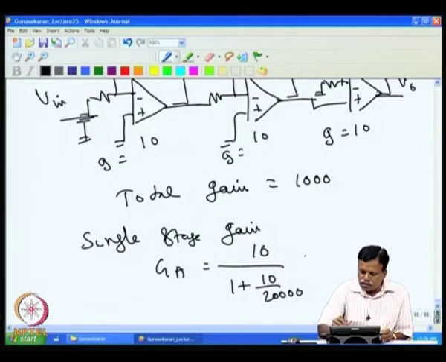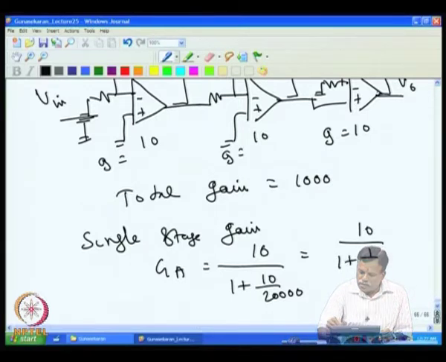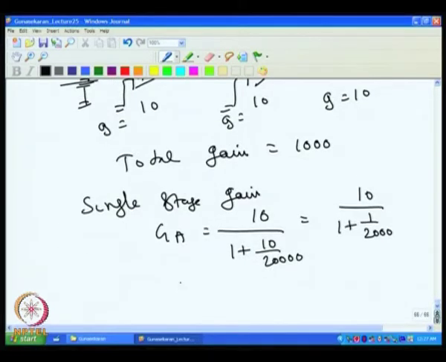That works out to be 10 divided by 1 plus 1 by 2000, which comes at 1.0005.